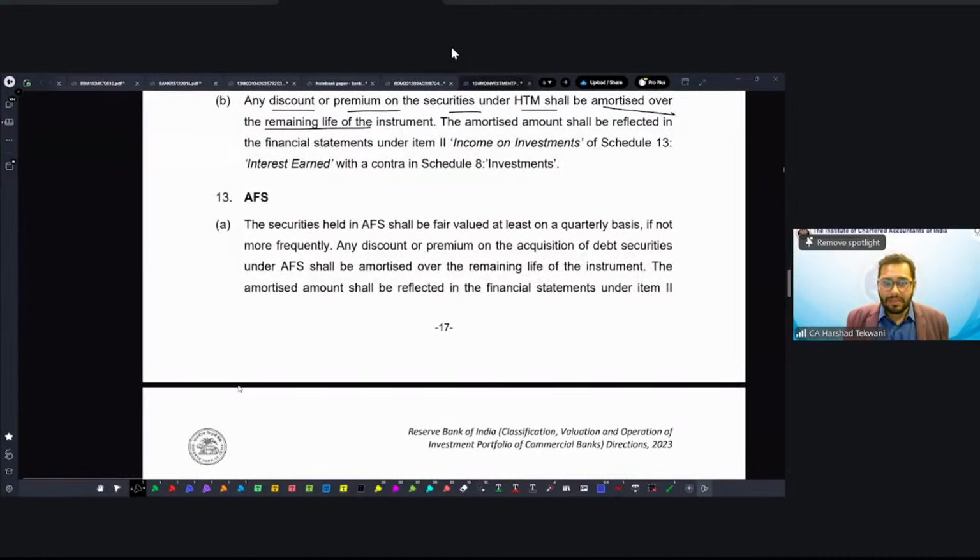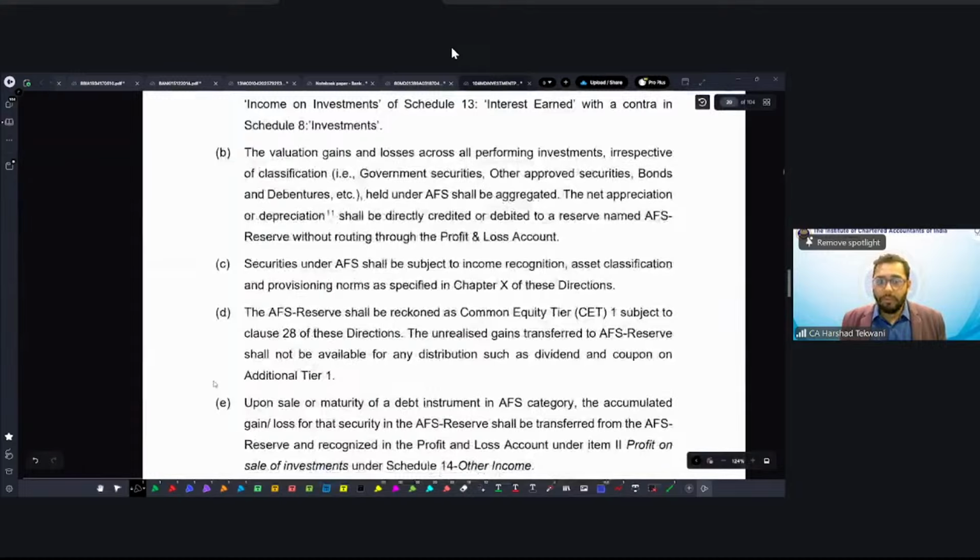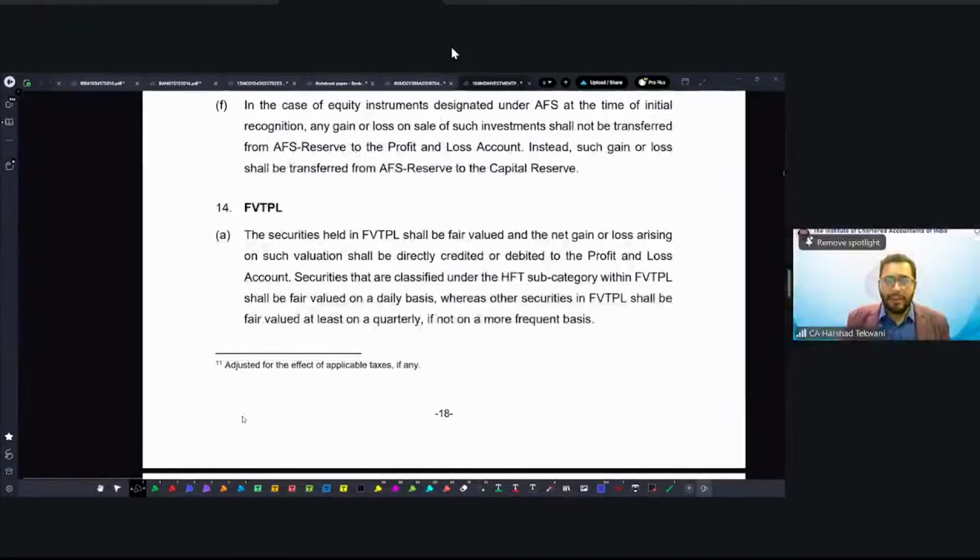Now, AFS are required to be fair valued at least on a quarterly basis, or more frequently. Again, these are the other requirements. Fair value through profit and loss account securities are required to be fair valued, and the net gain or loss arising from such valuation is required to be credited or debited to the profit and loss account. Securities classified as held for trading, a subcategory of fair value through profit and loss account, are required to be valued on a daily basis, whereas other securities, other than held for trading, are required to be fair valued at least on a quarterly basis.